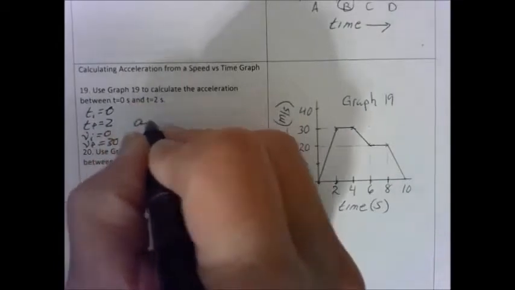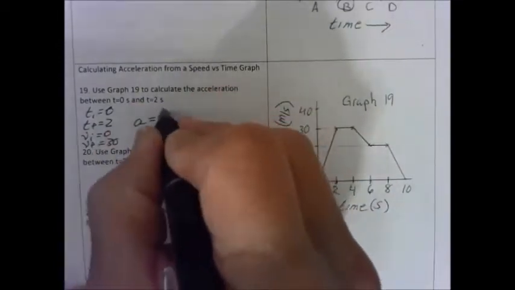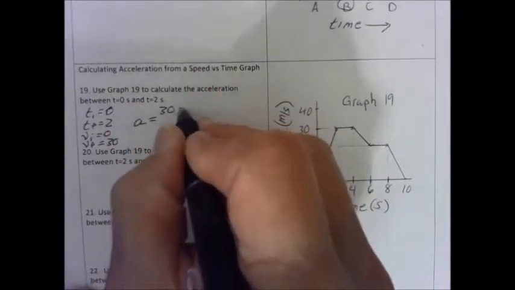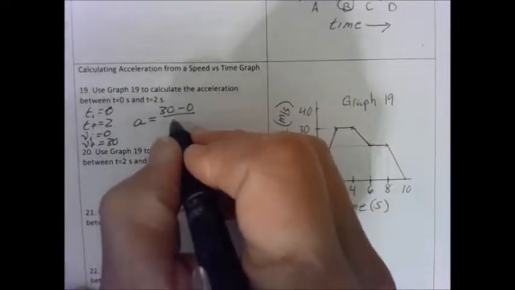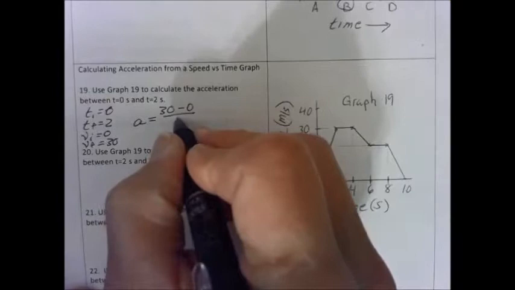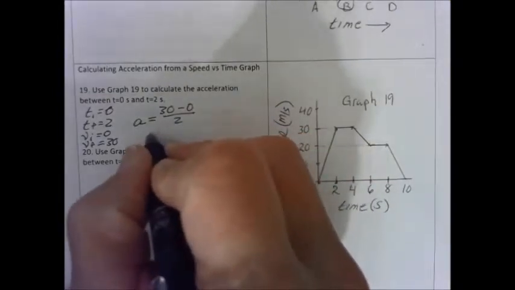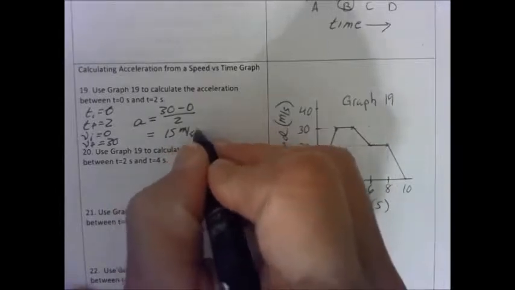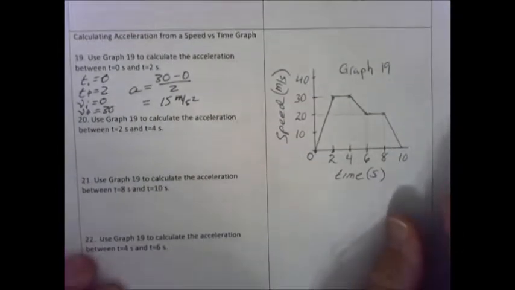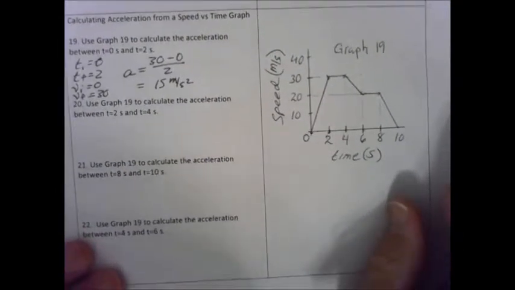Okay, so plugging these numbers in, acceleration is equal to my final velocity minus my initial velocity over my final time minus my initial time, which is 30 divided by 2, which is equal to 15 meters per second squared. So far so good with the first one.